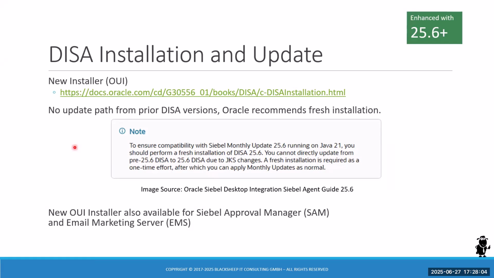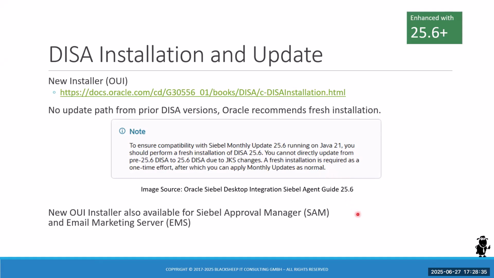Not sure if that's totally related, but with 25.6, Oracle introduces the Oracle Universal Installer for these 3 little Java-based utilities that were formerly installed with a third-party installer. So you basically have to uninstall it, give it a fresh install, and as the bookshelf states, from then you can continue with updates as you go through the monthly updates.